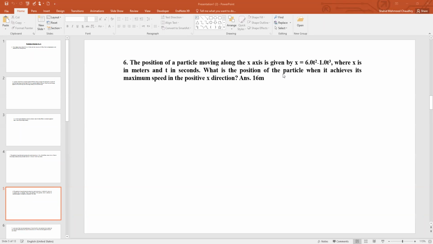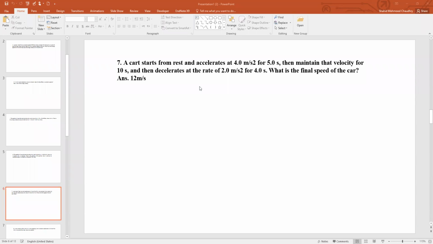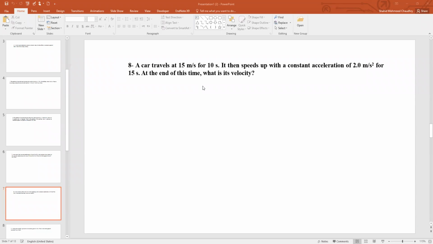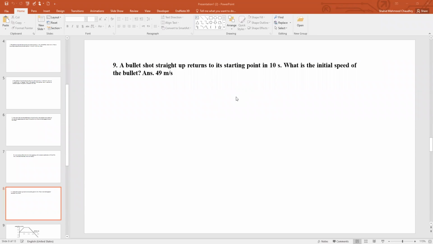So what is the position of the particle when it achieves its maximum speed? Maximum speed will be obtained when acceleration is 0, so you will find the time. You can solve this one, and I also solved this one, and this one I have given you for an assignment. Maybe you have solved. These are the simple problems.